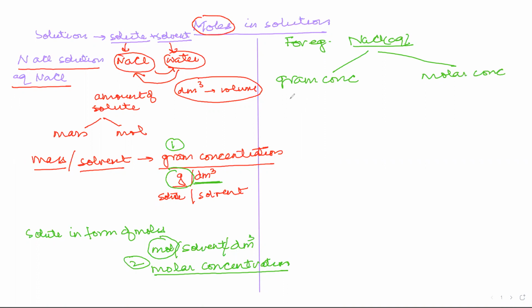If I say I have 58.5 grams of NaCl dissolved in 1 dm cube of a solvent, which is water, then this is how I'm going to write it down: 58.5 grams of NaCl dissolved in 1 dm cube. But if I take the solute NaCl in the form of moles, I can write this as 1 mole per dm cube. That means I've taken 1 mole of the solute, NaCl, and I'm dissolving it in 1 dm cube.